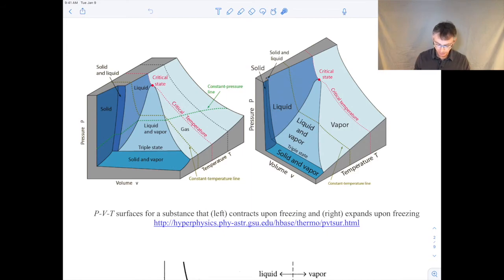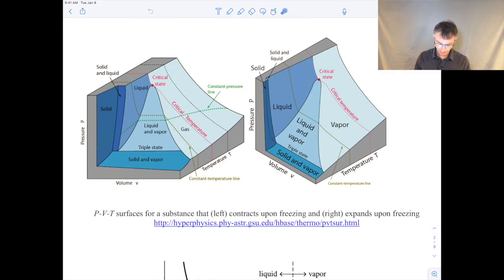There's another point here called the critical state. Above this point, the liquid and vapor phases become difficult to distinguish. In fact, you just have what appears to be essentially a very viscous gas. That's above the critical state. We'll come back to that in just a little bit.